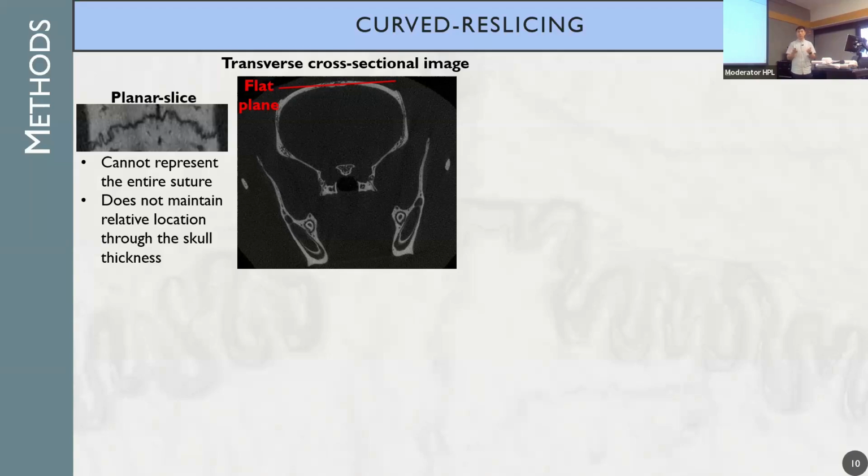Not only do sutures have a complex structure along their length, they also show that complex structure as they go through the thickness of the skull.